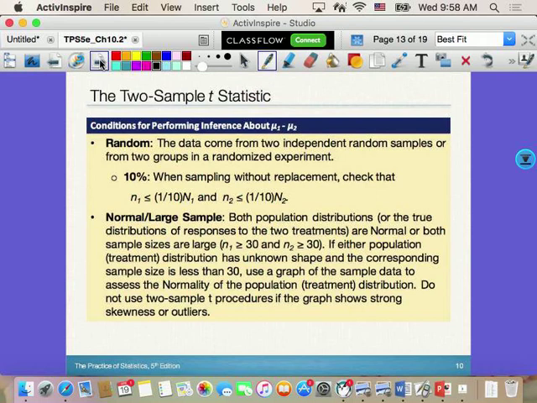If you're doing an experiment, you don't have to check the 10% rule. But if you're doing random sampling without replacement, then you have to check the independence rule for both of them. The sample is less than 10% of the population for the first one and the second one. And then finally, you check normal for both of them.